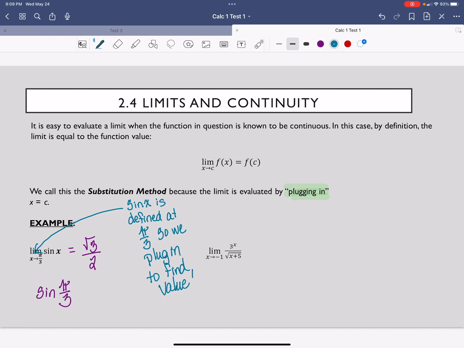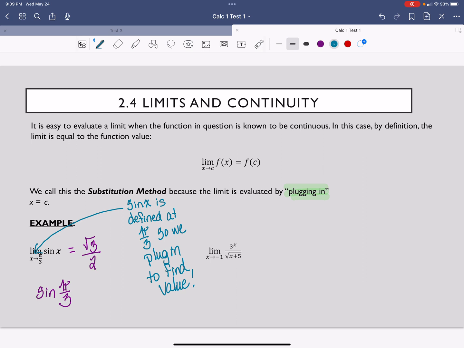Now, in 2.5, in indeterminate forms, we're going to do a lot of manipulating and doing some different parts of algebra to work out how to get a defined value. But right now, all we need to do is plug in.